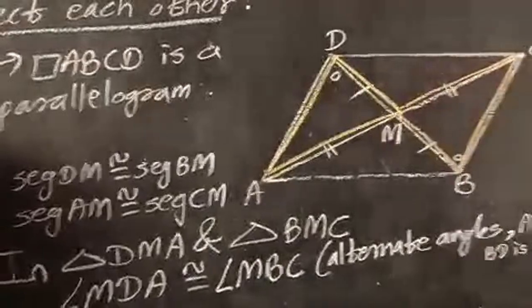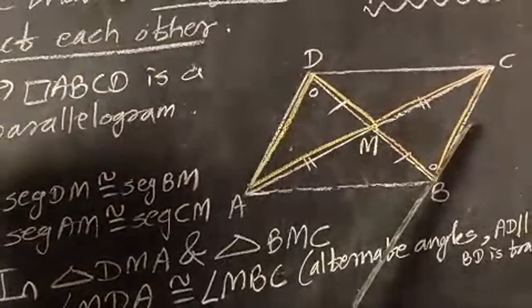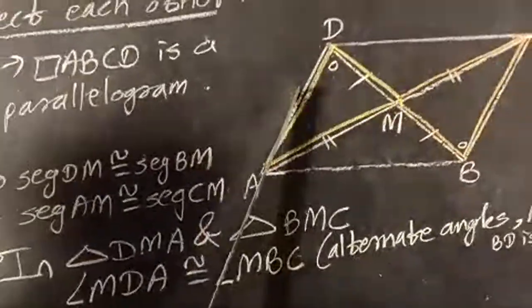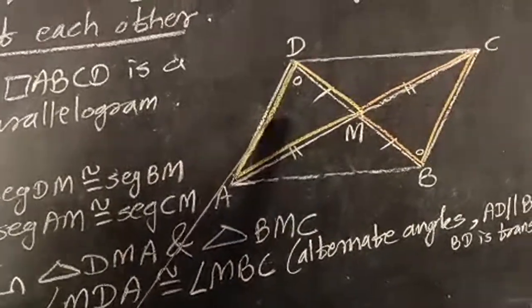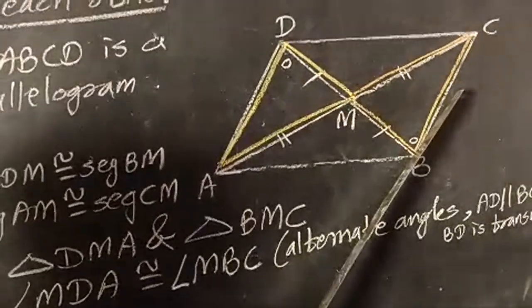Opposite sides of a parallelogram are congruent. You can take this side. That is also correct. That is the second condition.